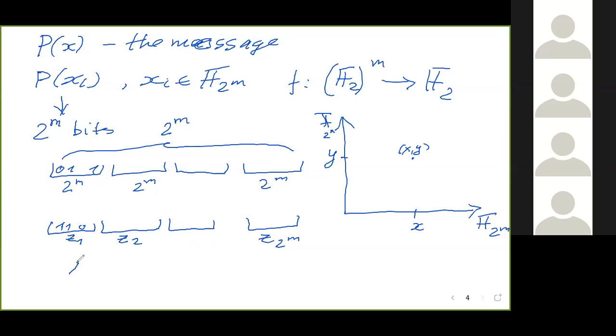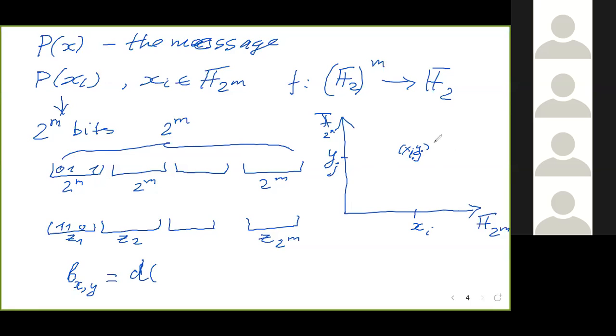First of all, consider the value B of x, y, which is the Hamming distance between the corresponding Z. Let's call this Xi and this Yj.